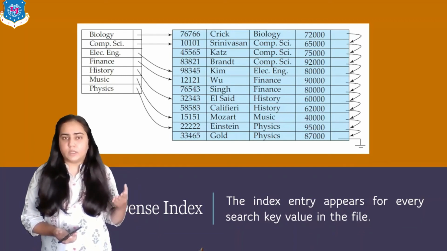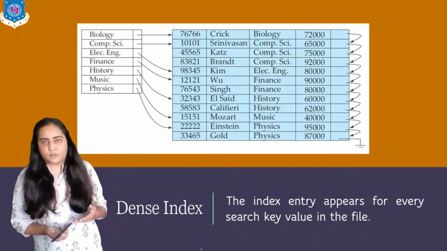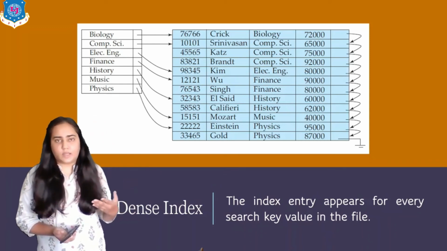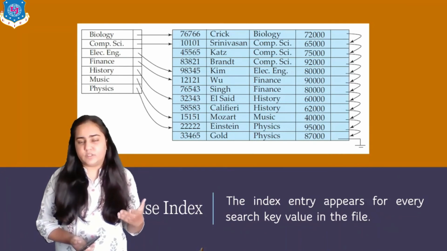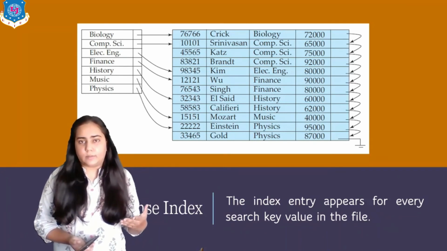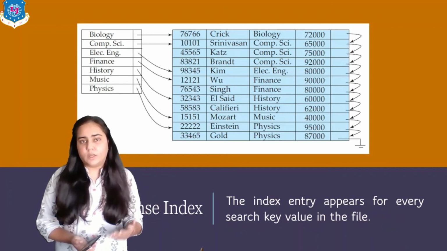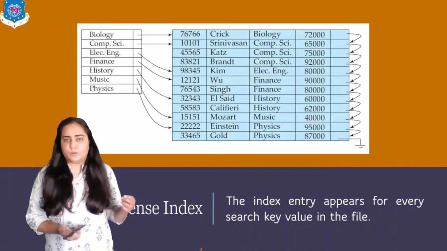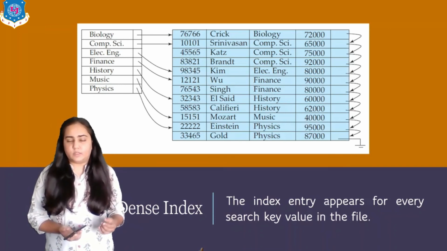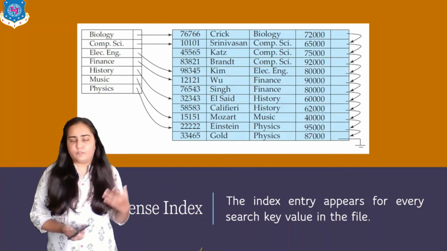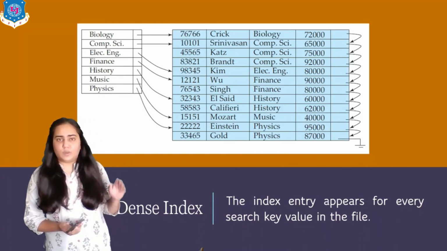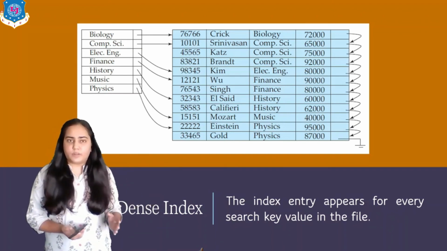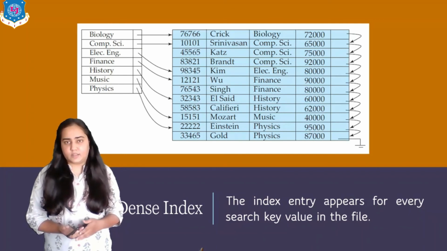If you find the first record containing computer science, you can find the rest by checking the address. And that way, whatever department names appear more than once are stored in the index only once, and they point only to the first record of that department name, and from there you can fetch the rest. So this is where each and every entry is made. Whatever departments you see in the table are all present in the index. So it's a dense index.